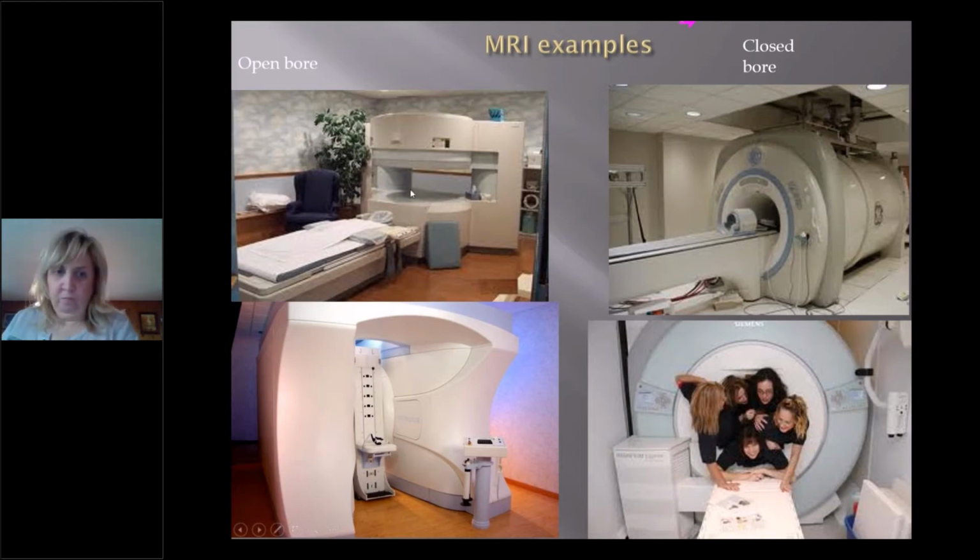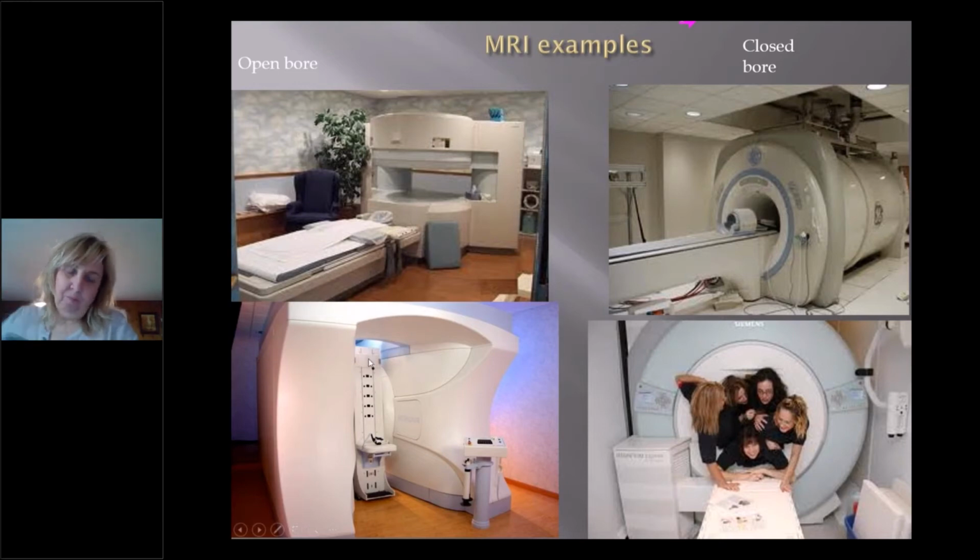You've got a hockey puck above and below. That's still a little tight for people, but the sides being open allow a lot more tolerability. And a lot of these open bore magnets are 1.5 Tesla. So this is a little more of the common one seen and certainly a little better tolerated than the picture on the right.